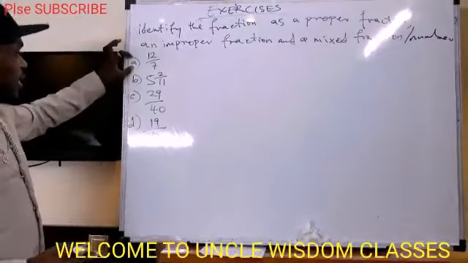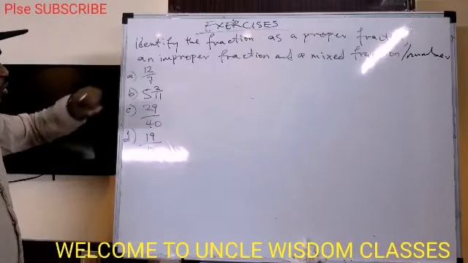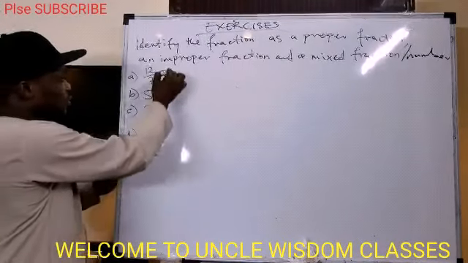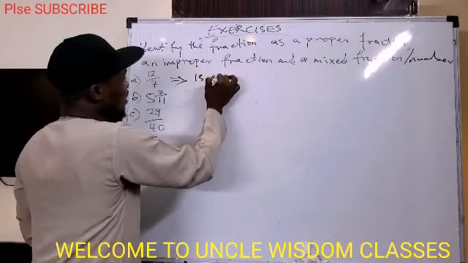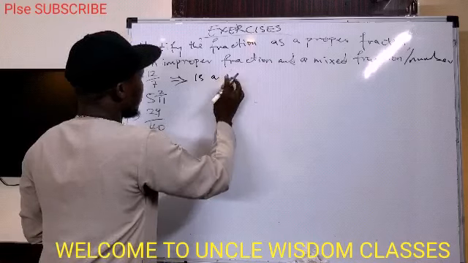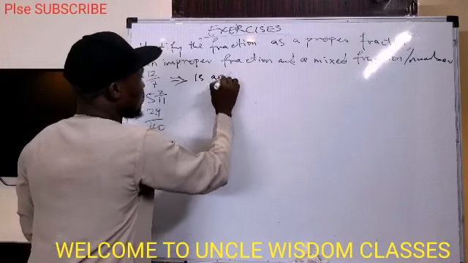So number A is 12 over 7. 12 over 7 is an improper fraction.